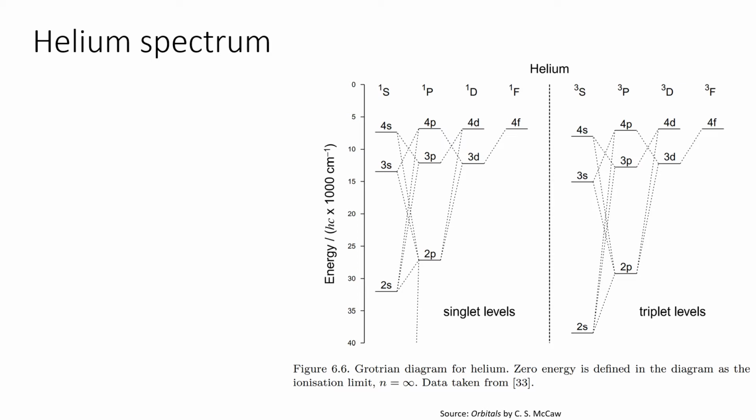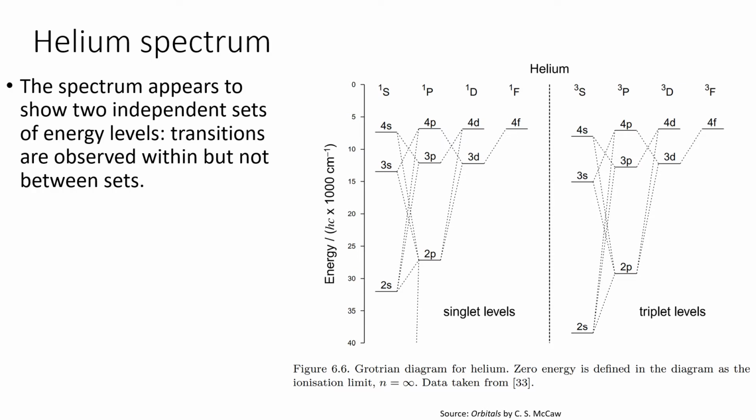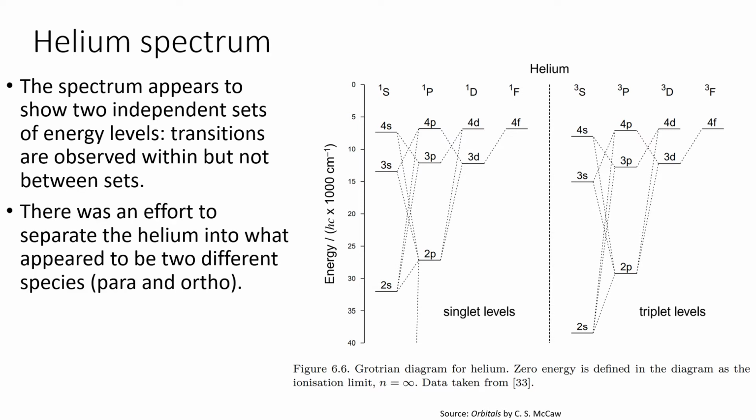The curious thing about this picture is that there are no transitions between the 2 sets of levels. So we've just got transitions within the singlets on the left, transitions within the triplets on the right. And so it does actually look like 2 separate species, 2 separate spectra.